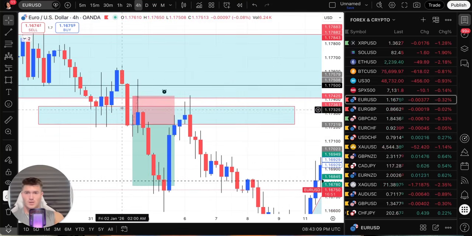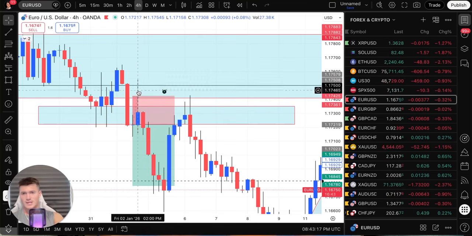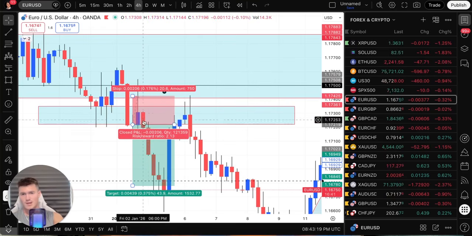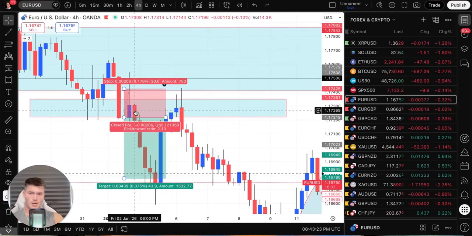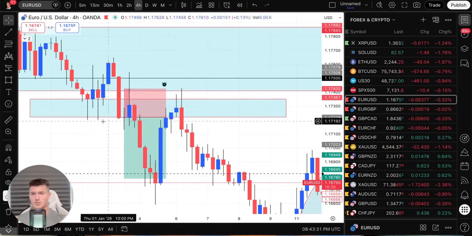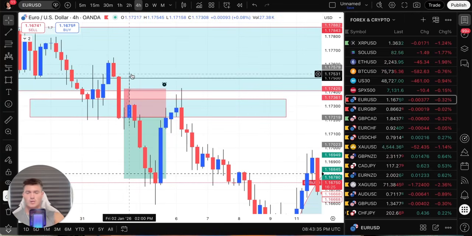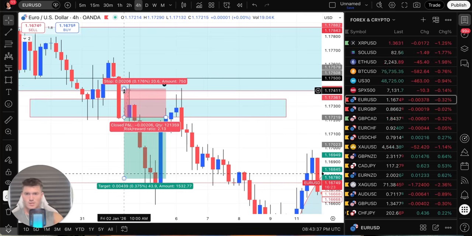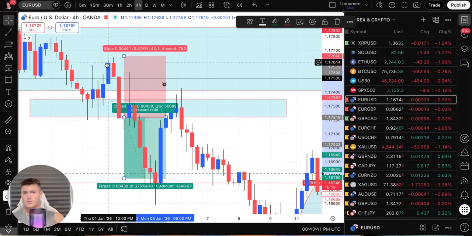So he gets in the trade, he enters here, and then boom, he gets taken out. Look at this wick right here. And then price continues to go down. So he just lost the trade, but his prediction of the market was correct. So we were bearish, but we had this huge liquidity grab that took him out. So you need to have your stops placed above previous structure point.